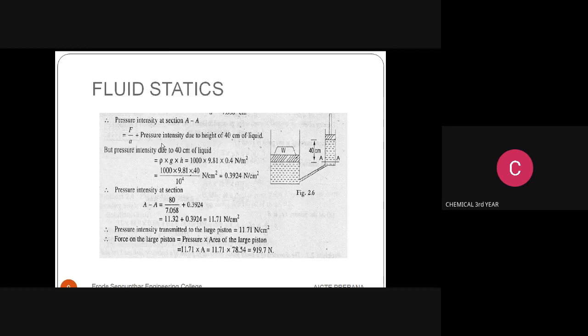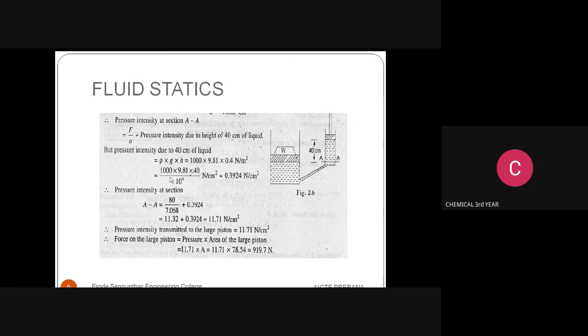So what is the pressure intensity due to 40 centimeter of the liquid? P is equal to rho into g into h. The density of the water is 1000, into 9.81, into the height, 40 centimeters, so 0.4.